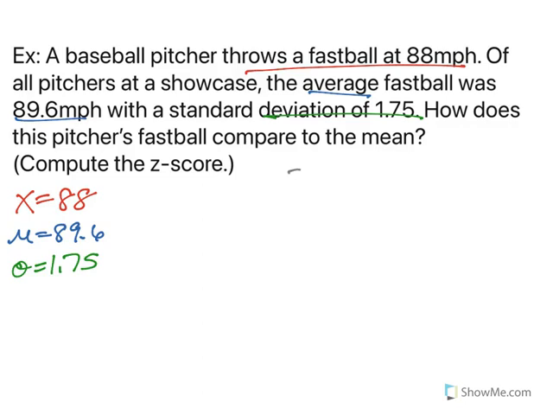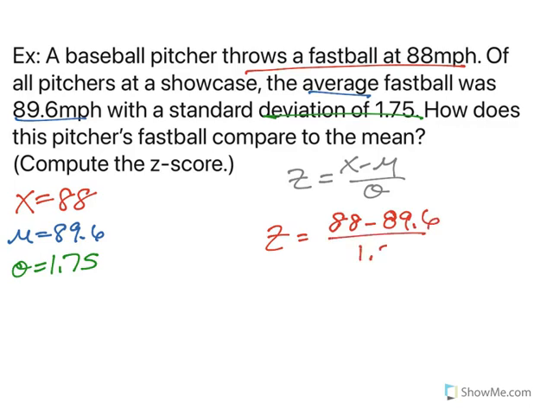So, again, the z-score equals the data value minus the mean over the standard deviation. Plug in what we know. z equals 88 minus 89.6 over 1.75. Again, know that 88 is less than 89.6, which means this pitcher's fastball is lower than the average, so it's going to be negative.